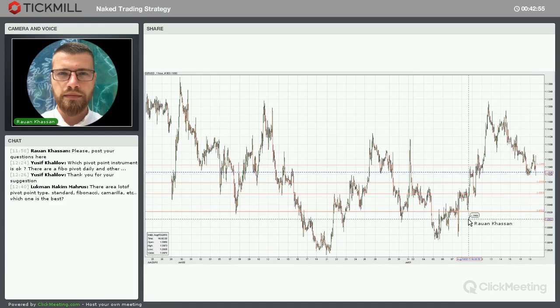If you're just following euro-dollar, please try to remember all these static lines and follow the performance of the price action around these values.